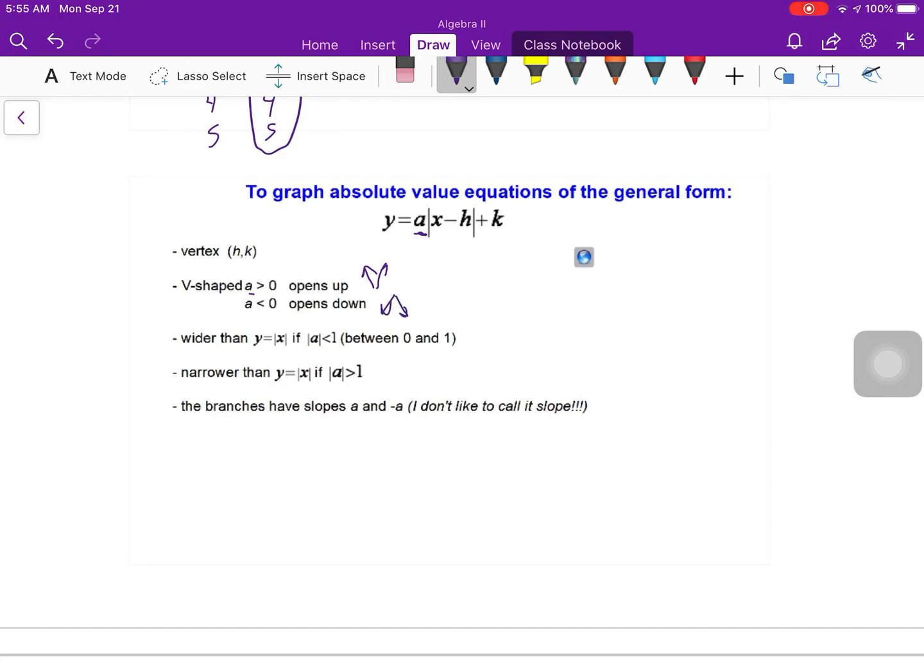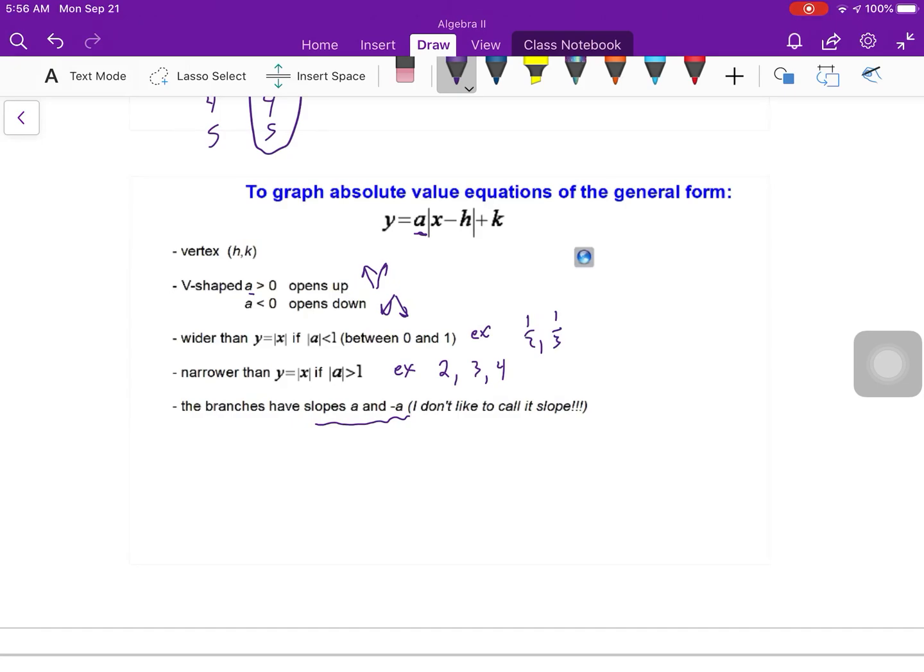If that value is between 0 and 1, for example, if it is like 1/2 or 1/3, it's going to be wider than our absolute value of x, our parent function. If A is bigger than 1, for example, if A is 2, 3, 4, or even 1.1, it's going to be narrower than our parent function. And I'll teach you this little slope thing here in a little bit.